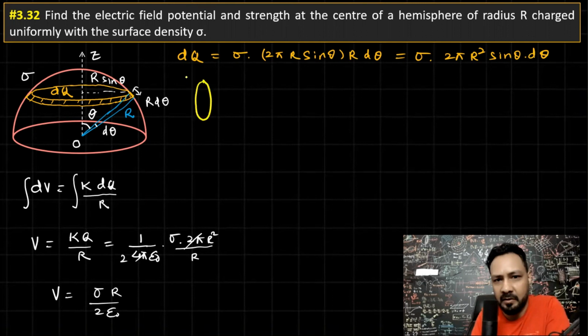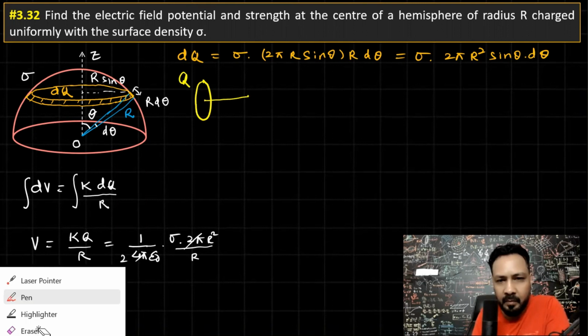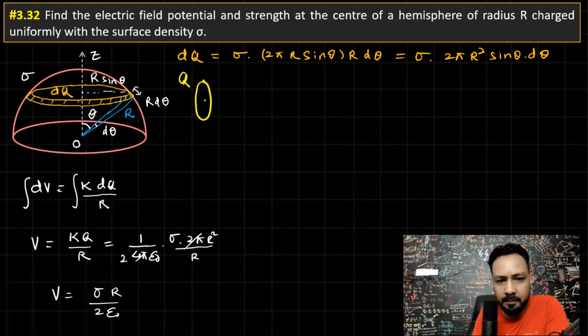So suppose this is a ring that has a charge q, and this is a point on the axis. Let me draw it a little better. Suppose this distance is z, and any point of the ring is at a distance r from that point.